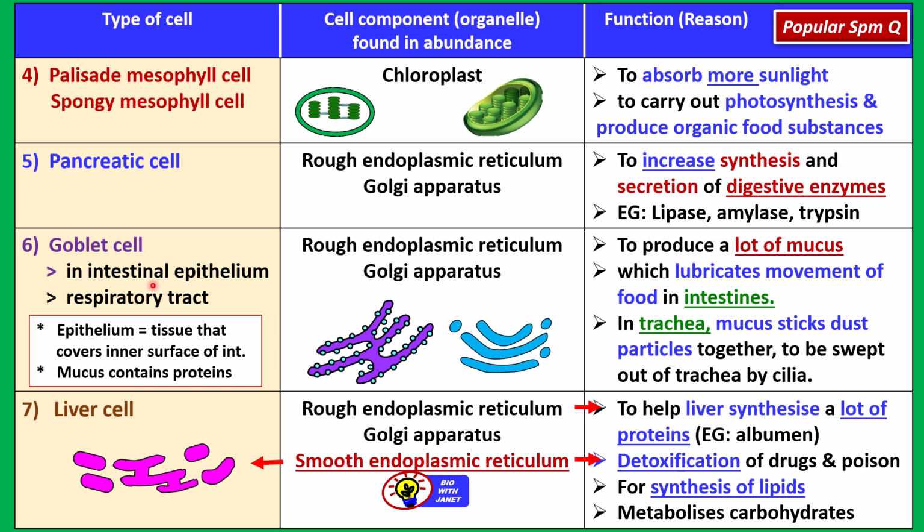Now, goblet cells in the intestinal epithelium, which means the inner surface of the intestine, contain a lot of goblet cells. And also goblet cells in the respiratory tract, such as in the trachea, contain a lot of rough endoplasmic reticulum and Golgi apparatus too, which are shown here.